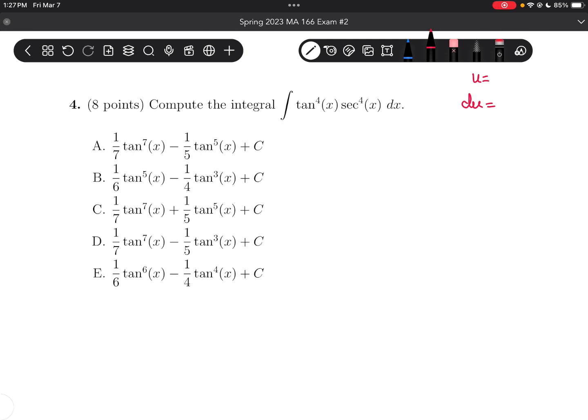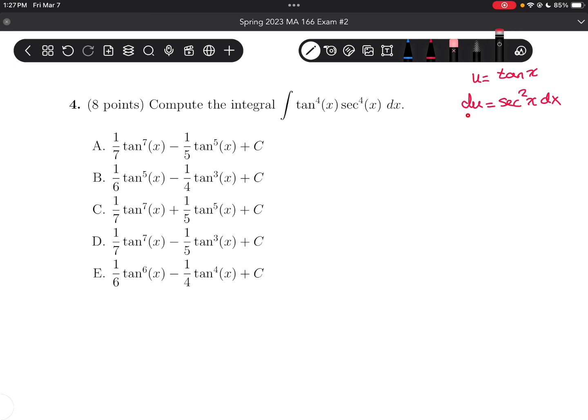So in this case, our function that we use for substitution would be tangent x. And the derivative of tangent x is secant squared x times dx. So with u sub, essentially what you do, like I did here, is you set u equal to some function.